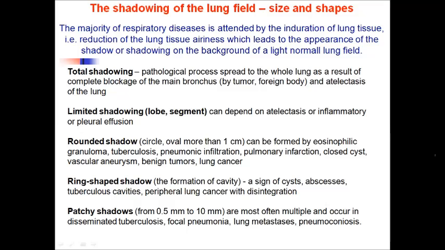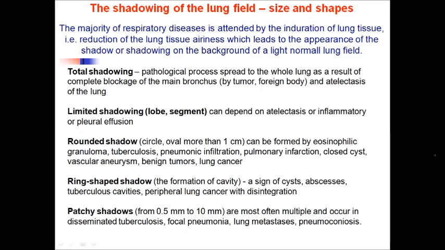Ring-shaped shadows mean the formation of a cavity with a level of liquid in the lower part and gas in the upper part of the cavity. It's usually a sign of cysts, abscesses, tuberculosis, and peripheral lung cancer cavities with disintegration.